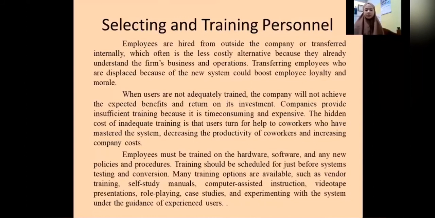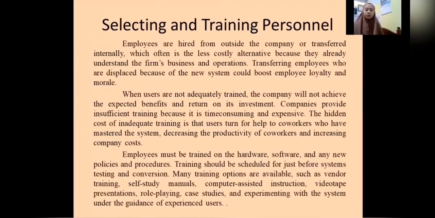Employees must be trained on the hardware, software, and any new policies and procedures. Training should be scheduled for just before system testing and conversion.